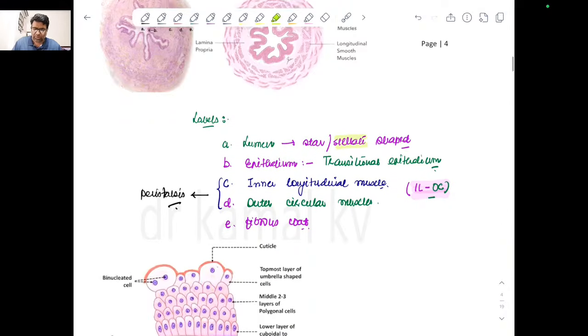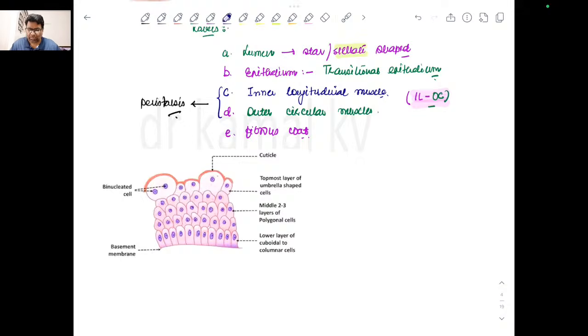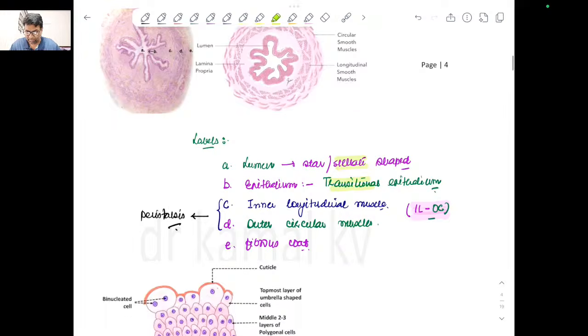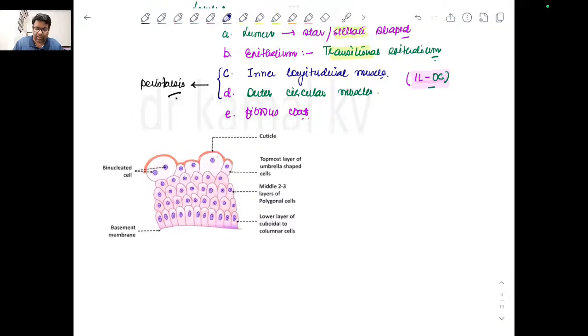Now there is one more important thing. Sometimes they will give you a zoomed version of the epithelium. So it means you should also know what is this word, transitional epithelium or urothelium. Now here there are classical few words. See, whenever we discuss epithelium we say it is squamous, cuboidal, columnar, like that.